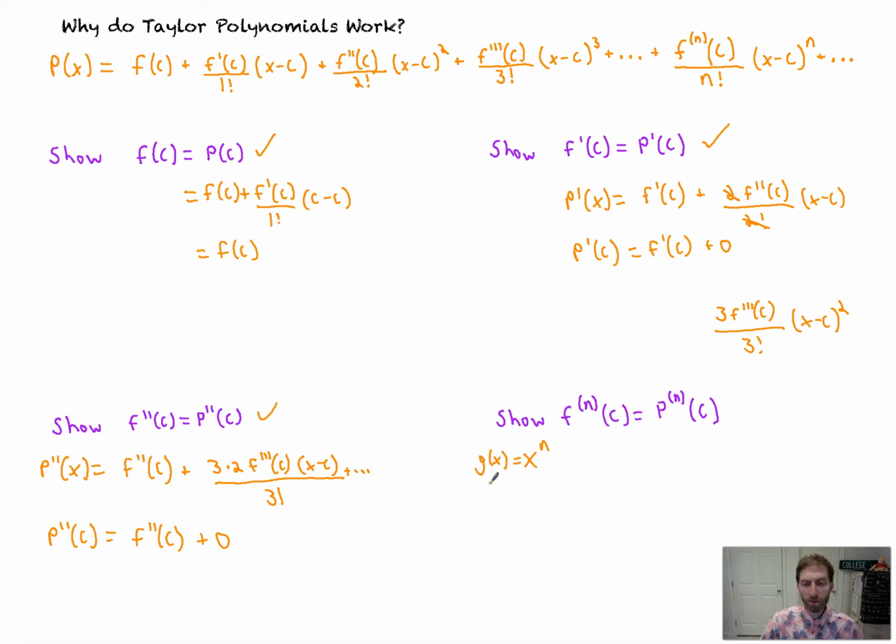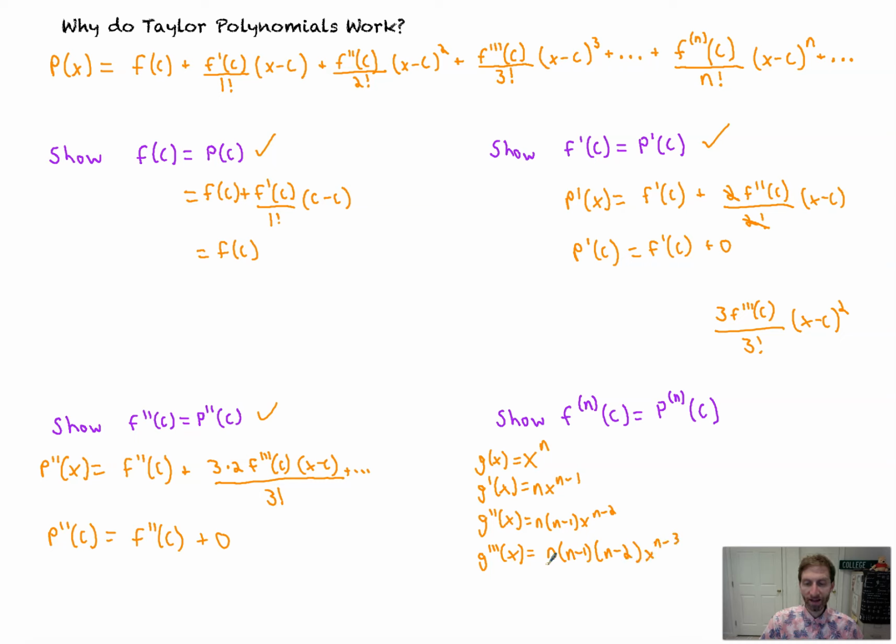And you take any number of derivatives, g prime of x would be nx to the n minus 1. G double prime of x would be n times n minus 1 times x to the n minus 2. G triple prime of x would be n times n minus 1 times, do you notice what's happening here?